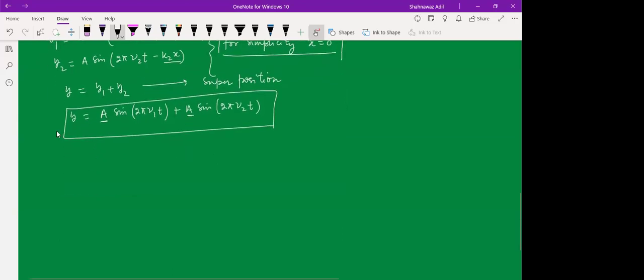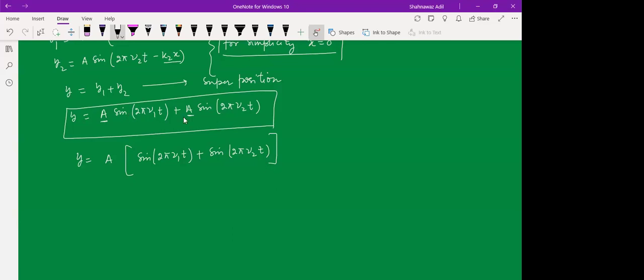Now, if we calculate this part, this would be a, and we can take it common. So this is sine of 2 pi nu1 t plus sine of 2 pi nu2 t, right? Sir, can you take sine also common? Sine?